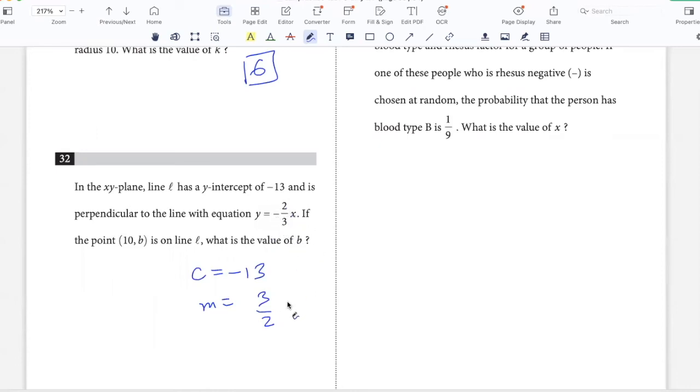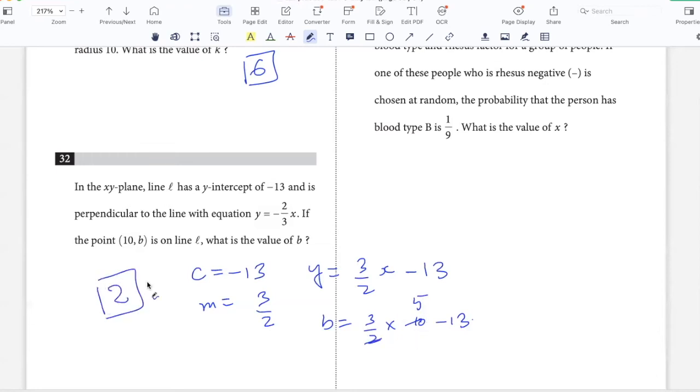So the negative reciprocal of that, 3 by 2, will be the slope. So my equation becomes 3 by 2x minus 13. Now 10 comma b is on the line. So b is 3 by 2 into 10 minus 13. So 2 into 5, so 15 minus 13 is 2. So b is 2.